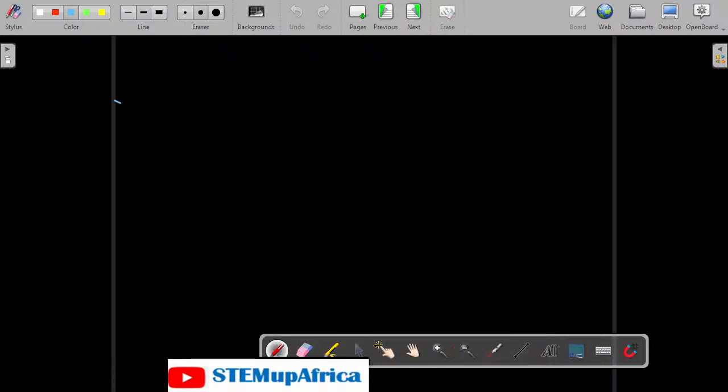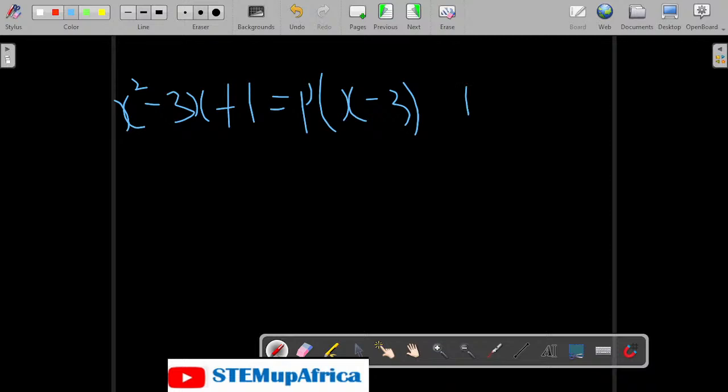We are given x squared minus 3x plus 1 equals p into x minus 3, is an equal root.